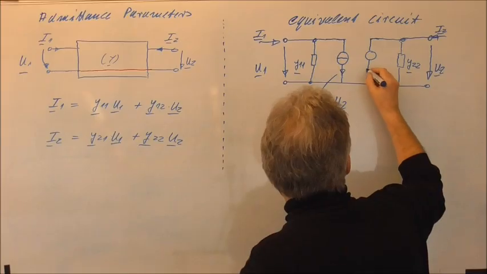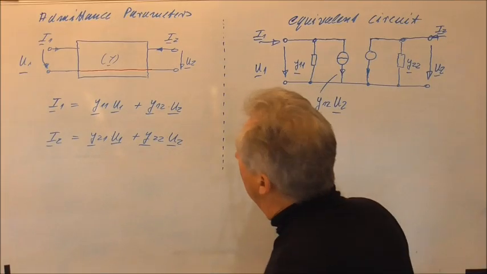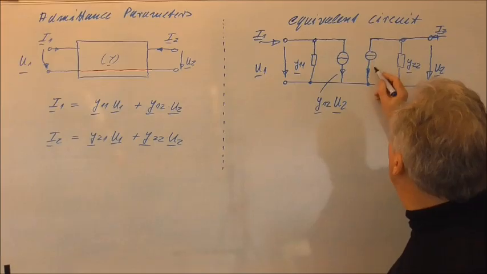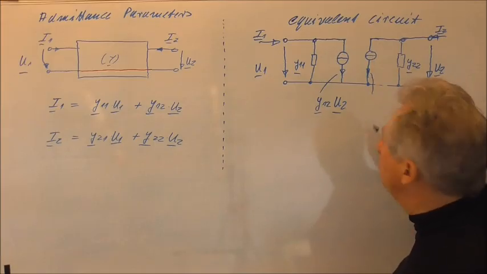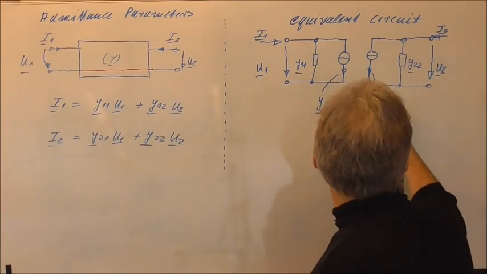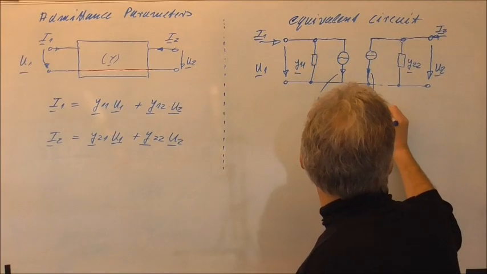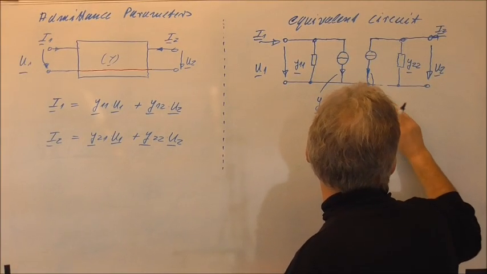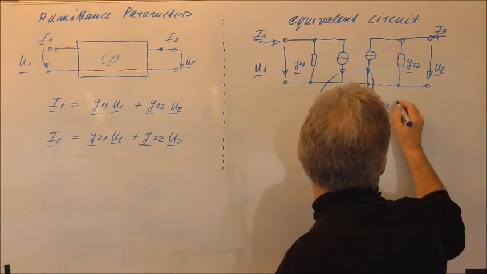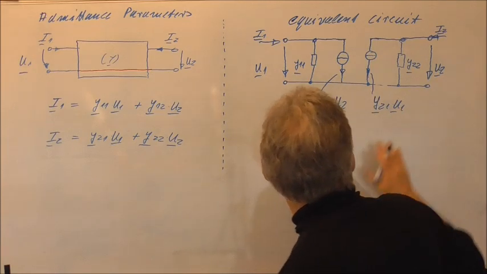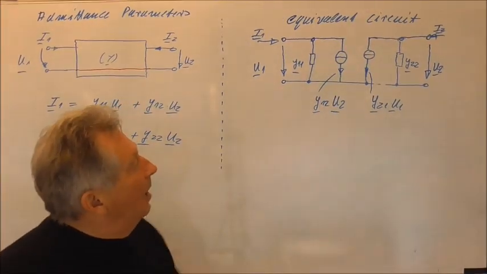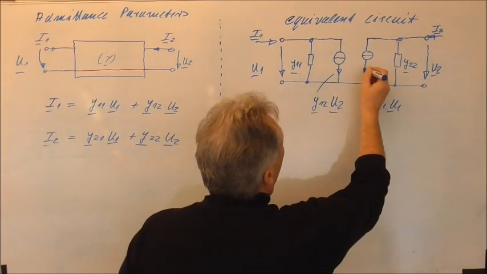We can again define here a so-called voltage-controlled current source, and this voltage-controlled current source will draw the current Y21 times U1. And this is in principle the one we want to have in a BJT.